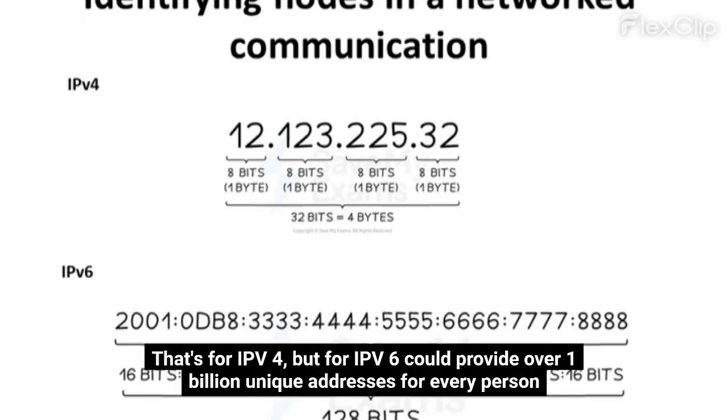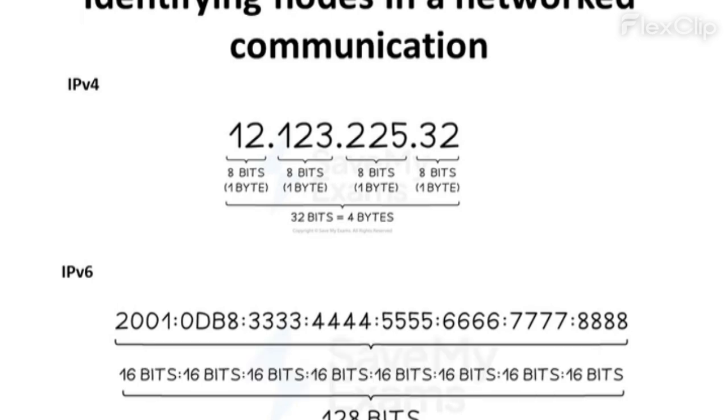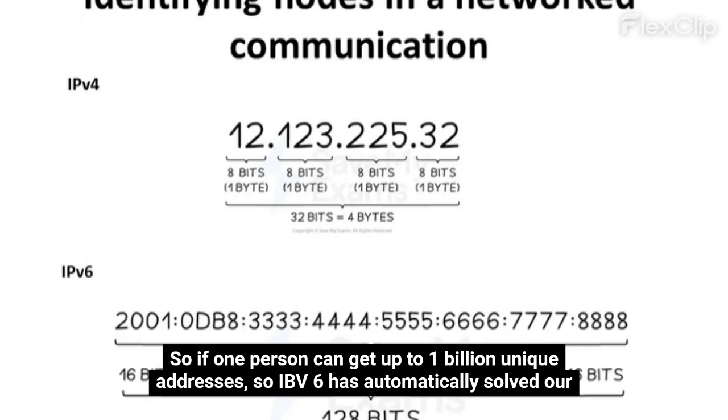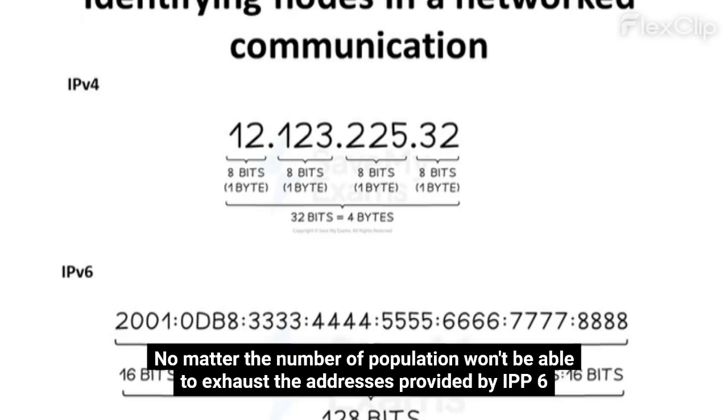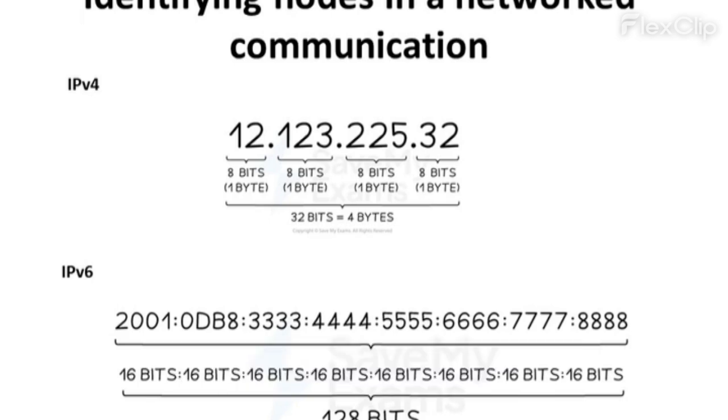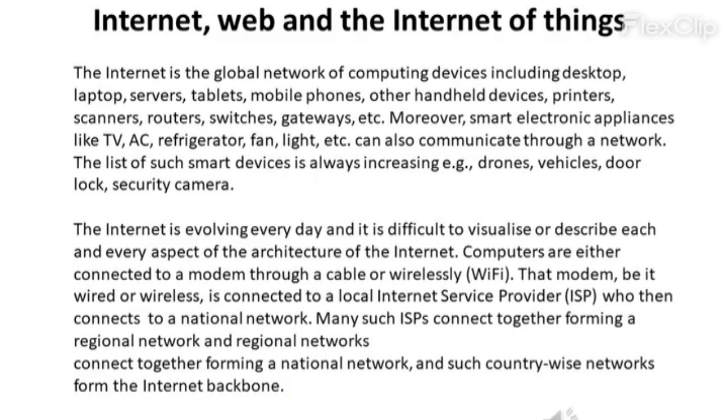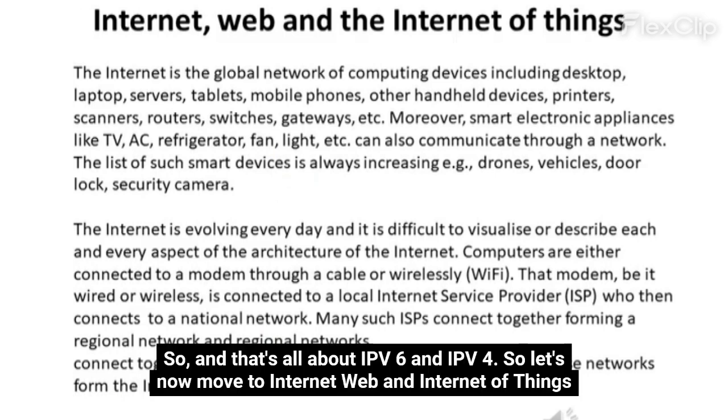But IPv6 could provide over 1 billion unique addresses for every person. So if one person can get up to 1 billion unique addresses, IPv6 has automatically solved our problem. No matter the size of the population, we won't be able to exhaust the addresses provided by IPv6. That's all about IPv6 and IPv4.